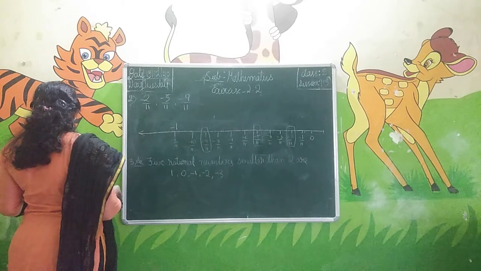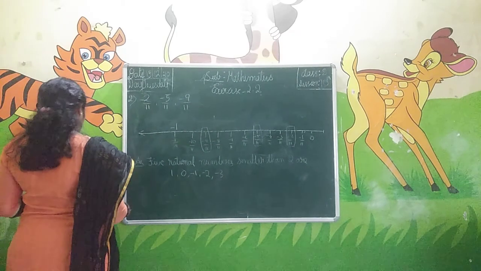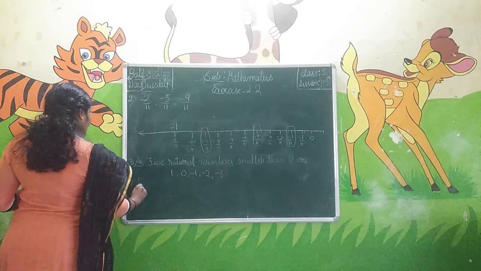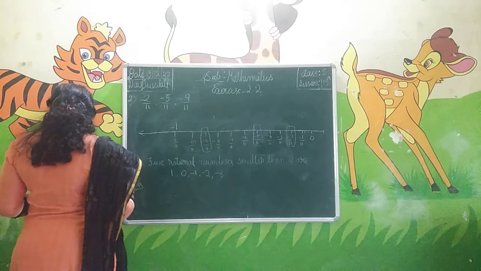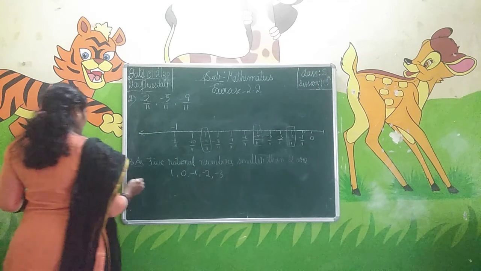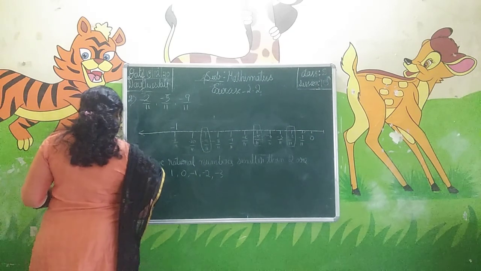And the sixth one, they have given in the same way, the same kind of problem, with the same method. Write 5 rational numbers greater than -2. The numbers which are greater than -2 are.